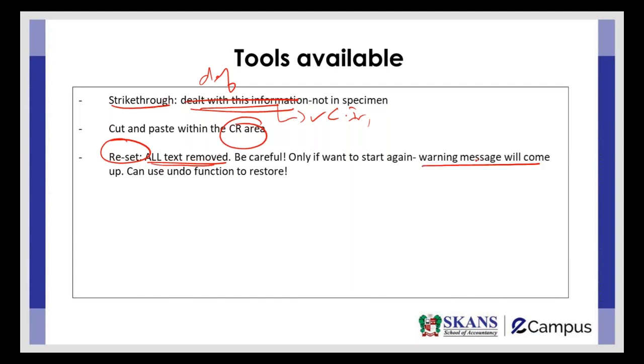There will be a warning message to say, are you sure you want to do this? If you have accidentally reset it and pressed OK to the warning message, you can still undo the entire action. So nothing is gone, and the undo function will restore whatever you have reset.